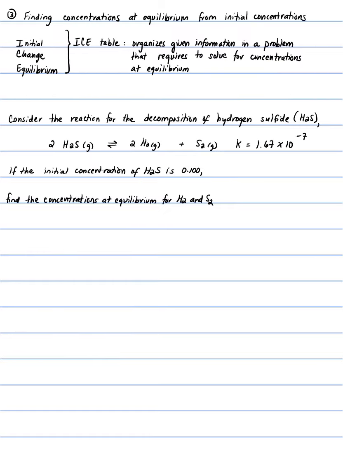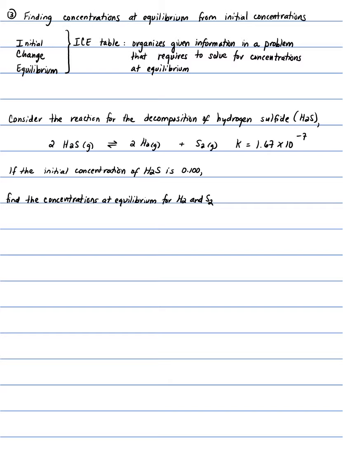Now we're looking at a problem that is a little bit more complicated. In this type of problem, you don't have concentrations at equilibrium. You need to find the concentrations at equilibrium from given information. So whenever that happens, we use the same approach, which is using what is known as an ICE table.